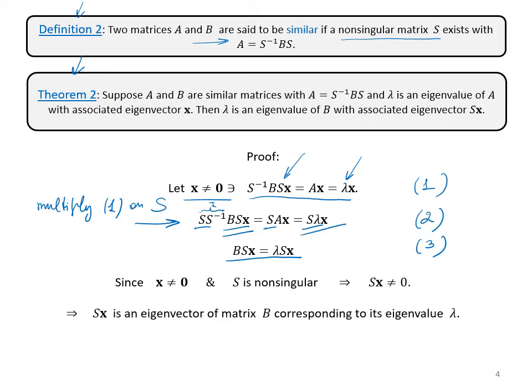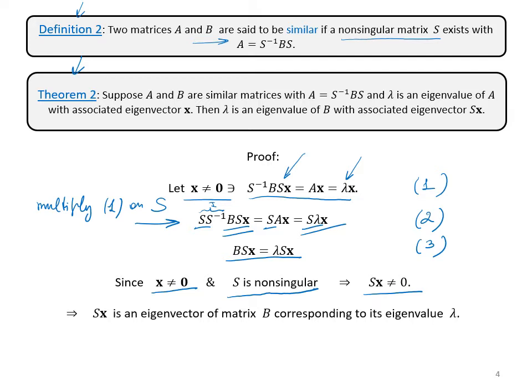Since our vector x is a non-zero vector, and since matrix S is non-singular, their product is also a non-zero vector.